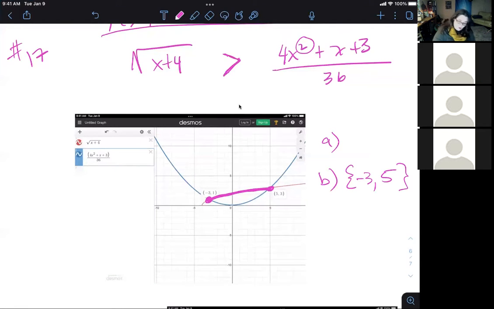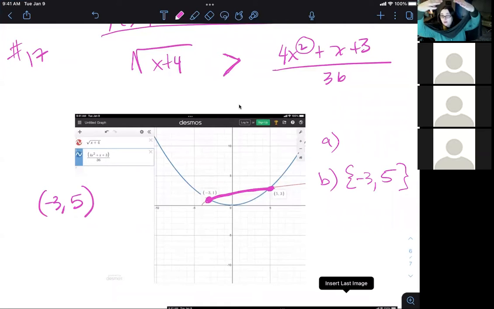We say when x is -3, or actually not even equal to, but from -3 all the way to when x is 5, essentially the y values are going to be greater, right? And that's what makes the line go up above the parabola.